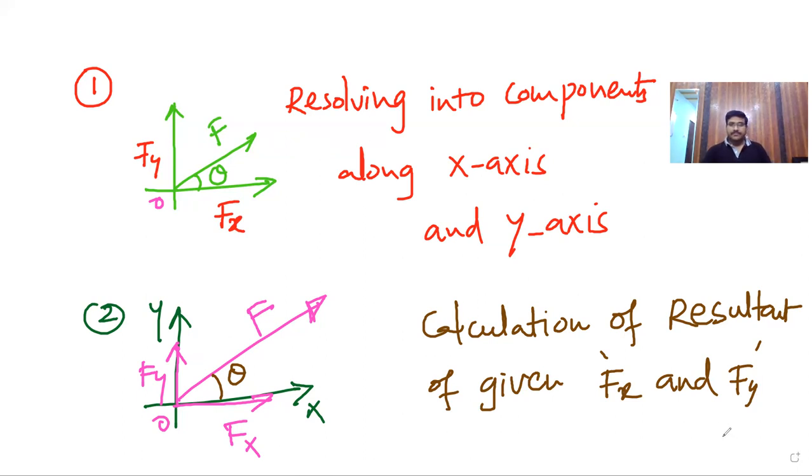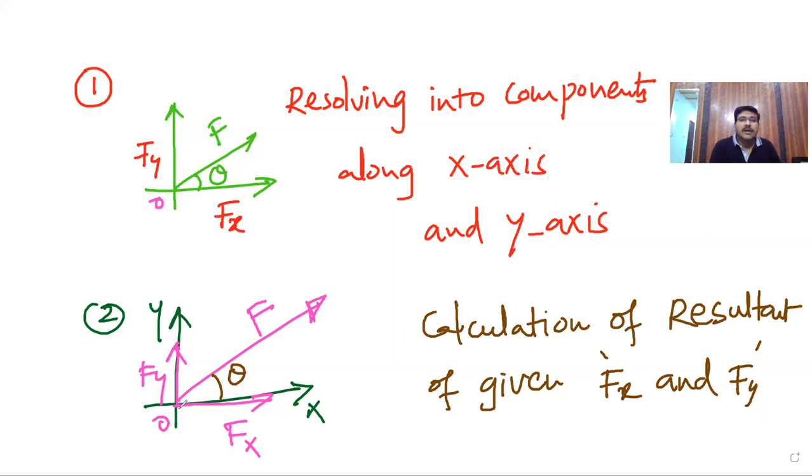Clear? This is about a force or a vector given, and you are finding the rectangular components. These components are perpendicular to each other. Observe, Fx along the x-axis, Fy along the y-axis.